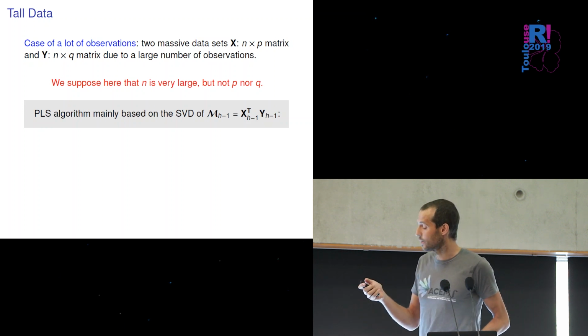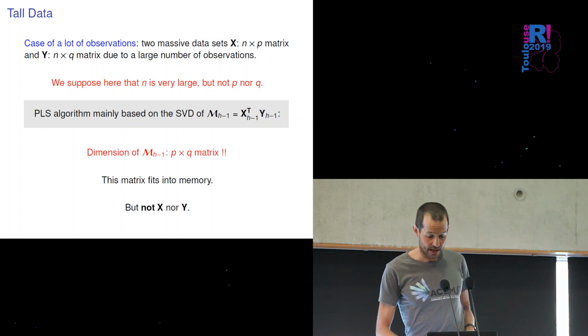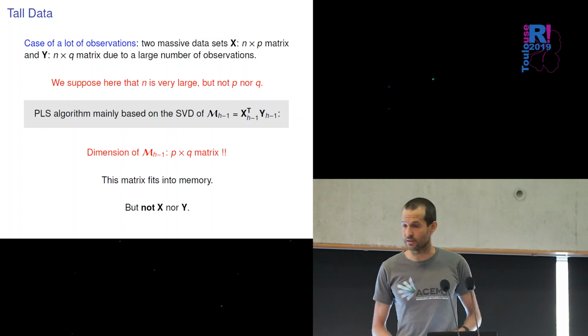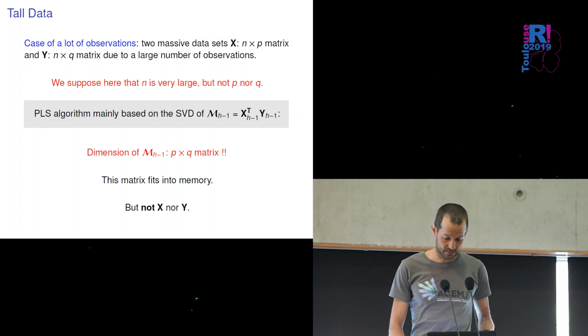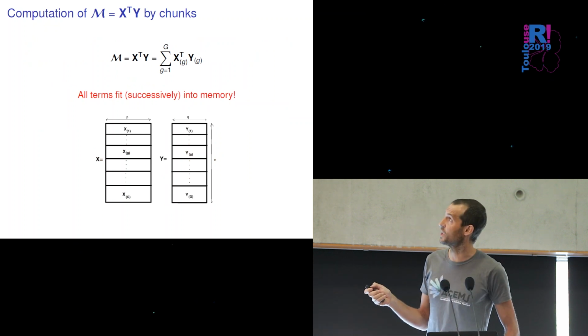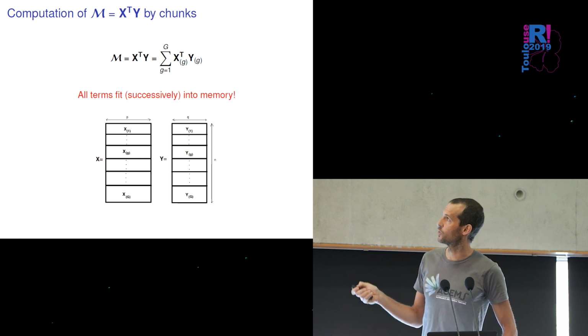But you still have the trouble of fitting x in memory and fitting y in memory, and computing x transpose y. A simple trick is to do this by chunk, and it's just an equality. So x transpose y, you have x tall, y tall.